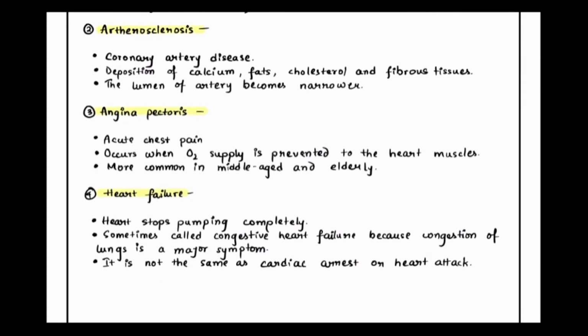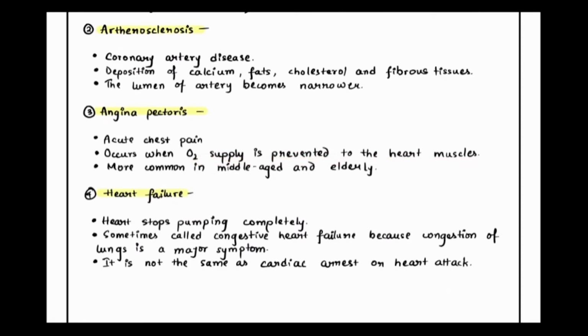Next, the third one is the angina pectoris. Angina pectoris is referred to as the acute chest pain. It occurs when oxygen supply is prevented to the heart muscles.